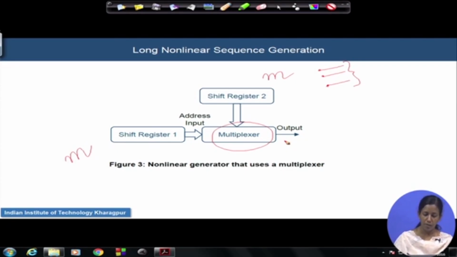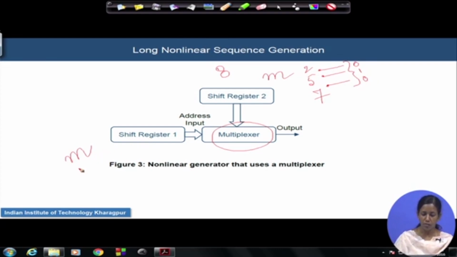For example, suppose m is equal to 8, and we have tapped the values from stage number 2, stage number 5 and stage number 7. At a particular instant when a clock pulse has arrived, the outputs of the 2nd, 5th and 7th stages give a value of 0, 1, 0.